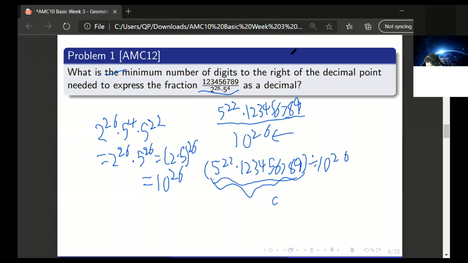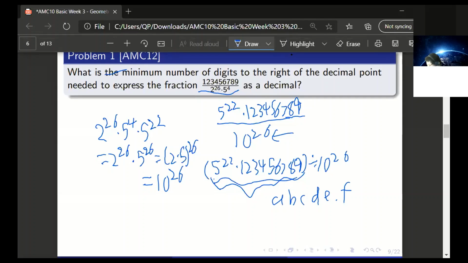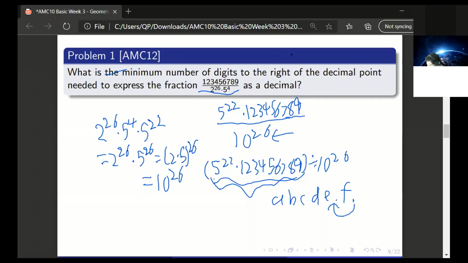Then whenever you divide a number by 10, you basically just shift the decimal point one space to the left.